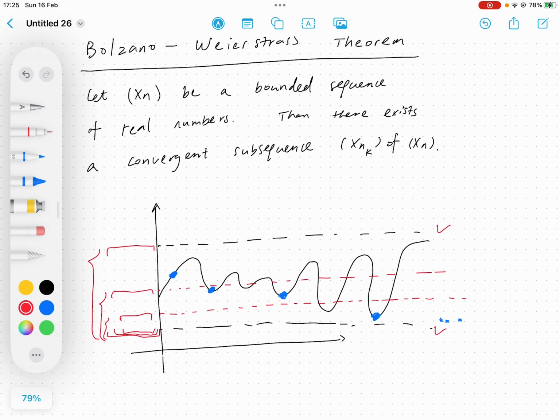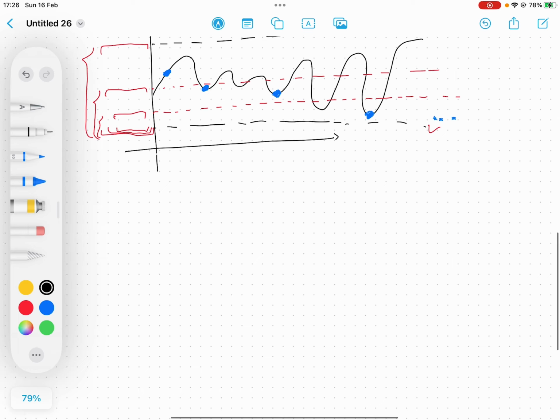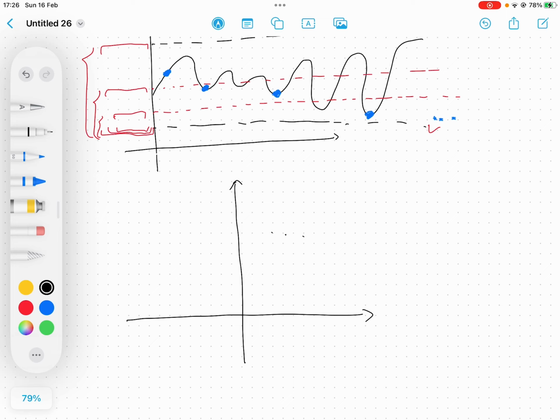Now we can have another example before we start the proof. Let's say we have some points forming this original sequence, and we can still use the idea of this proof. This is a two-dimensional space.